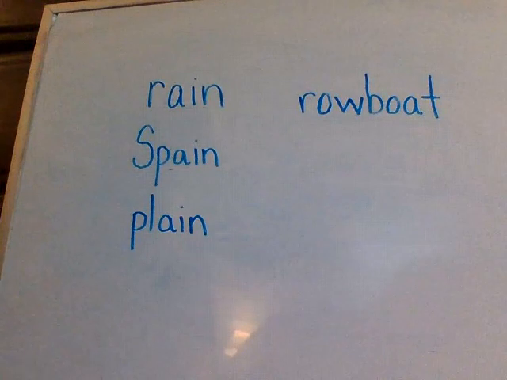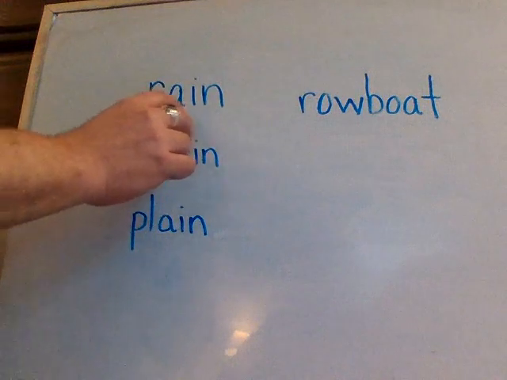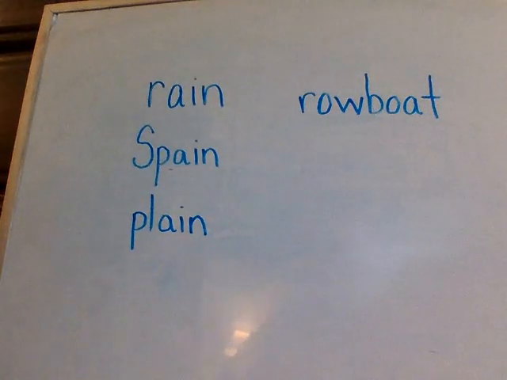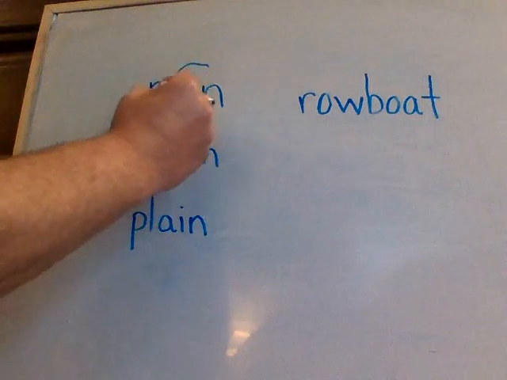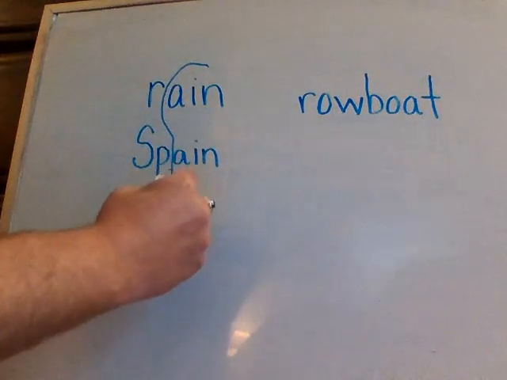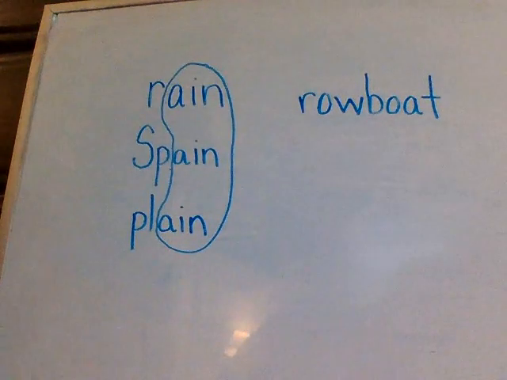When words rhyme and end the same, we say they belong to a word family, and in a word family, that first vowel through the end is the same. So let's circle that same ending. That same ending is like the last name for the family.